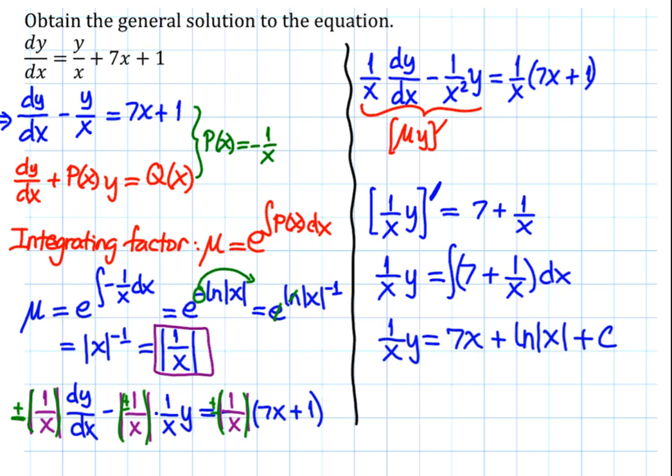So we will have y equal to, multiplying 7x by x, 7x squared plus x times ln of x plus cx. And that is the answer for the problem.